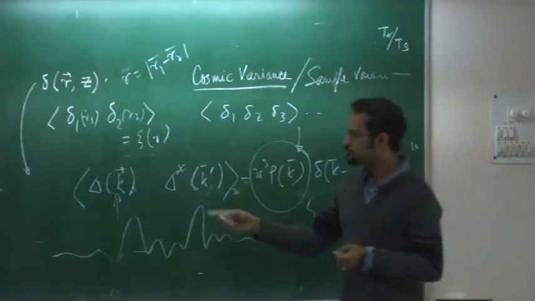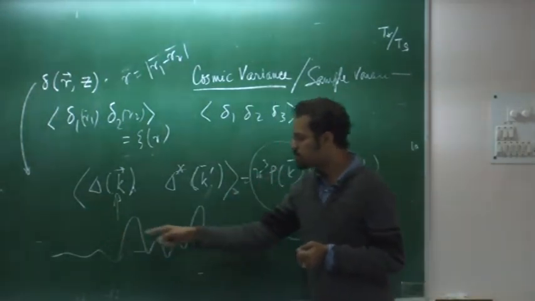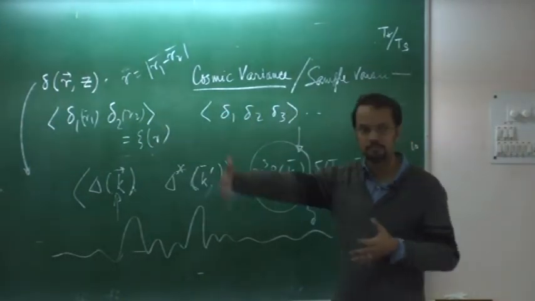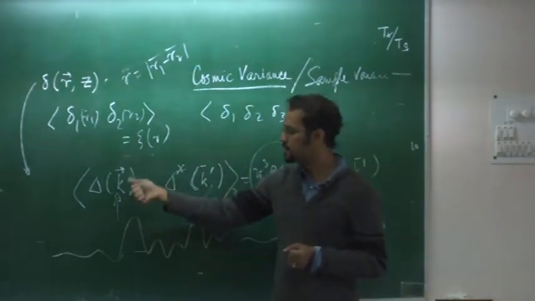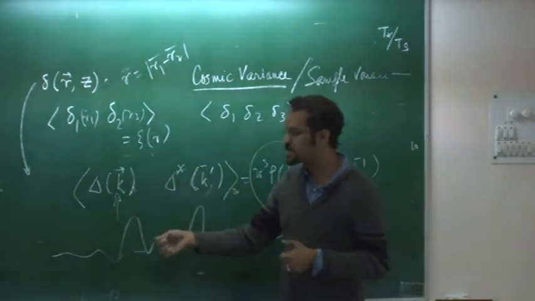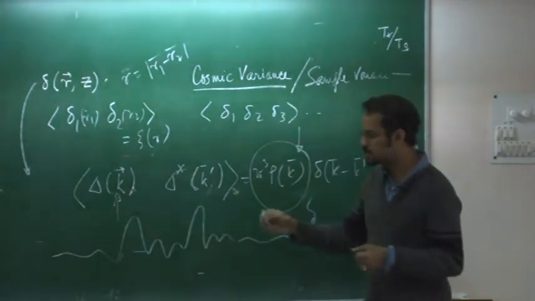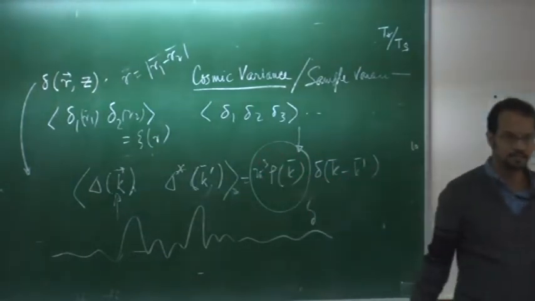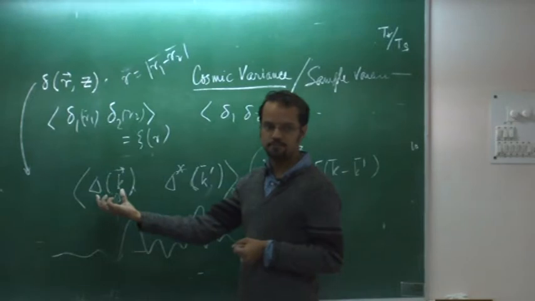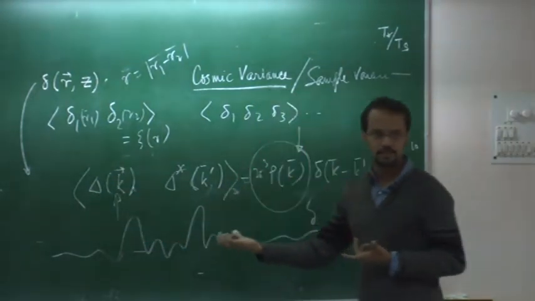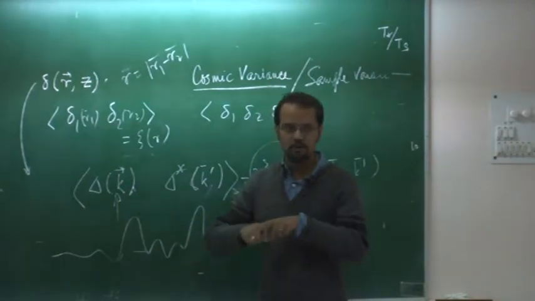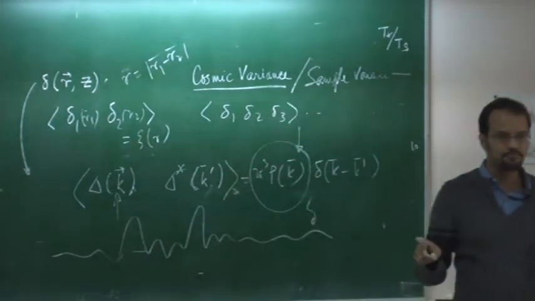So what it does is resolve this into a set of numbers, delta of k, where for each k it measures how much fluctuation is contained in various length scales. By resolving this into its Fourier components, from here I can't say at what scale I really have maximum power.